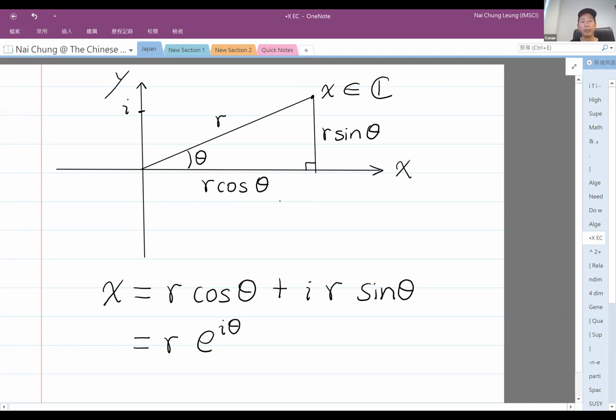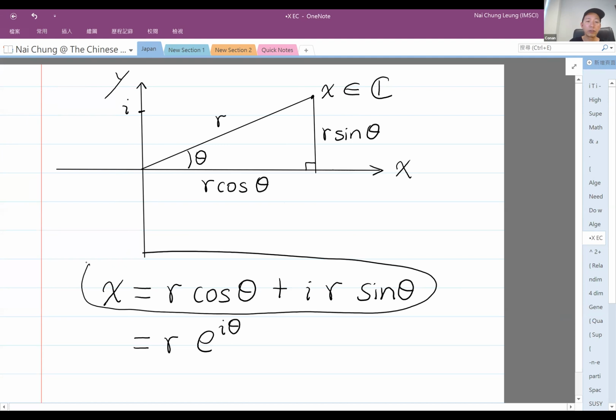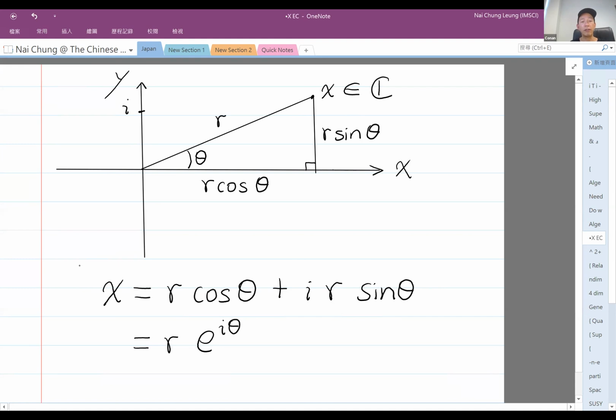So any x would be r times cosine theta plus i times r sine theta. Now, using the formula e to the i pi plus 1 equals 0, it is basically equivalent to say that e to the i theta is cosine theta plus i sine theta. So this number will be the same as that.